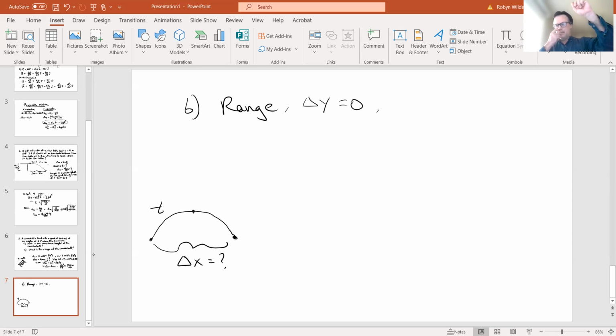The amount of time that it takes to go up is going to equal the time that it takes to come back down. So if I can get the time for the maximum height, then the total time that it takes to go from where it started to where it finished is twice that.